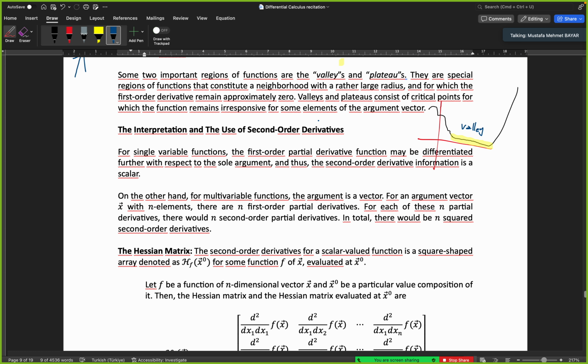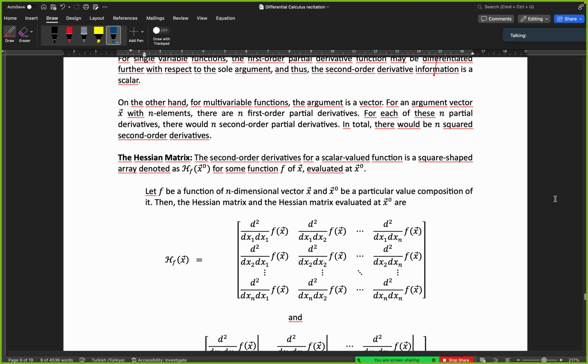So about the second order derivatives for multivariable functions. For scalar valued multivariable functions, for a function f of argument vector x with n components, you're going to have n first order partial derivatives, as we have seen in the gradient.